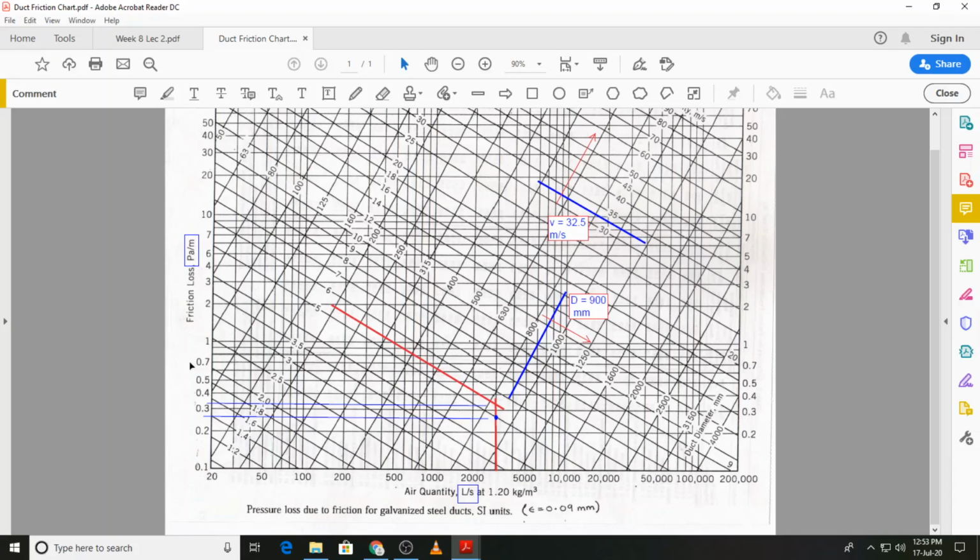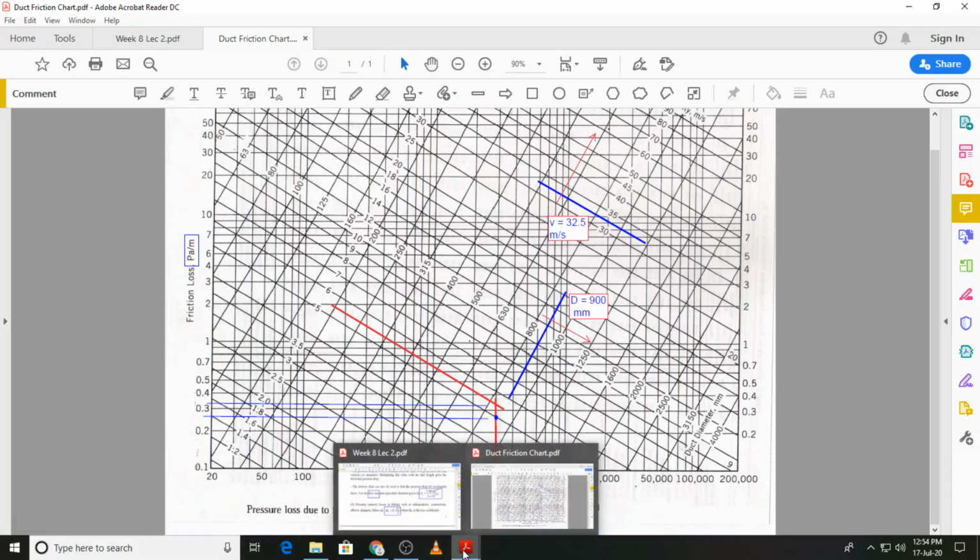So a 446 mm circular duct will give you the same pressure drop as a rectangular duct which has dimensions of 660 mm and 265 mm. So we are keeping the pressure drop the same and then finding out D equivalent. But again, keep in mind we will only use D equivalent with the volume flow rate.